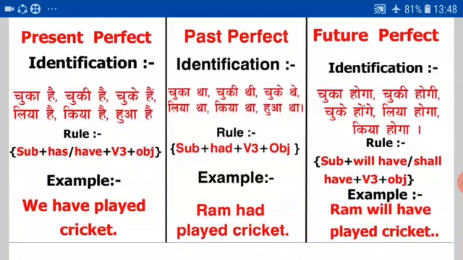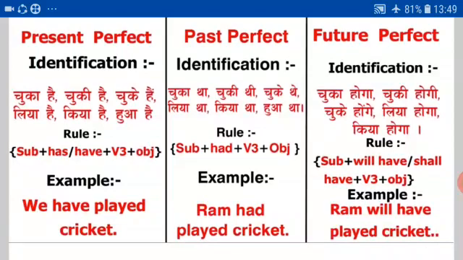And for its example, we have played cricket. Students, if we are using a negative sentence, then not will be used after has or have. So the sentence will be like this: we have not played cricket. And if we are using an interrogative sentence, then has or have will be used in the beginning.